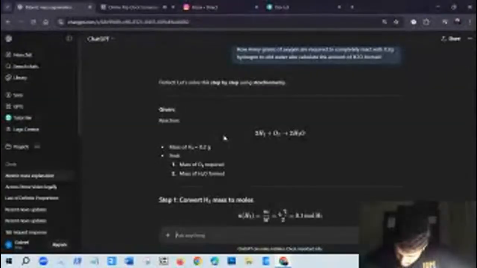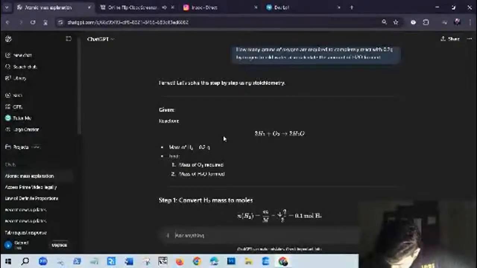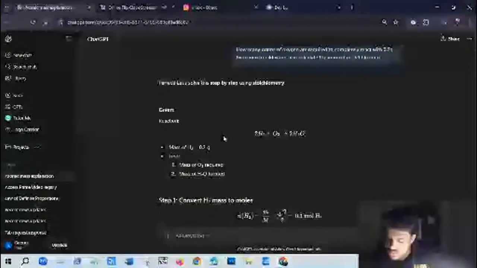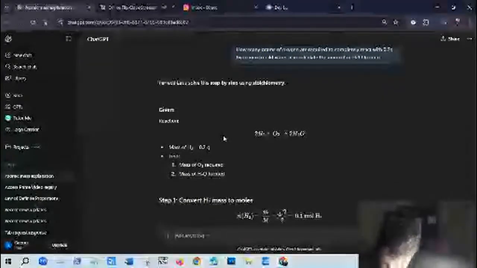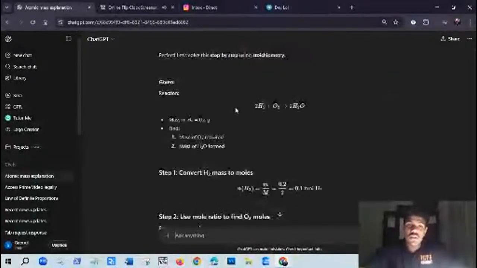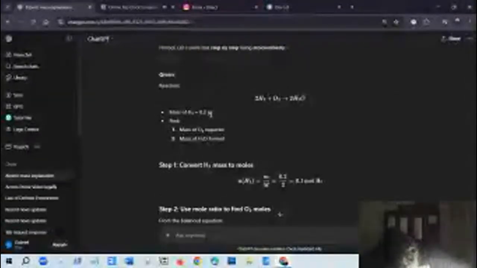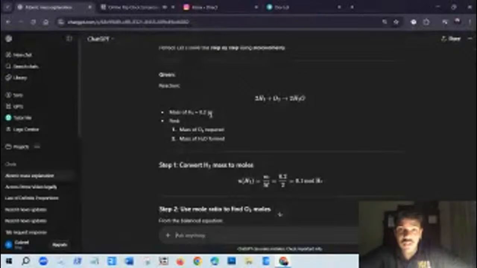So given reaction: H2 plus O2 gives H2O. So the mass of H2 here is 0.2 grams. So find the mass of O2.